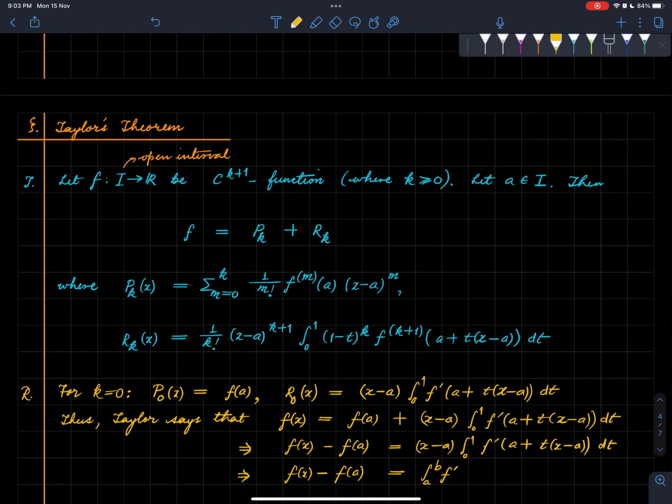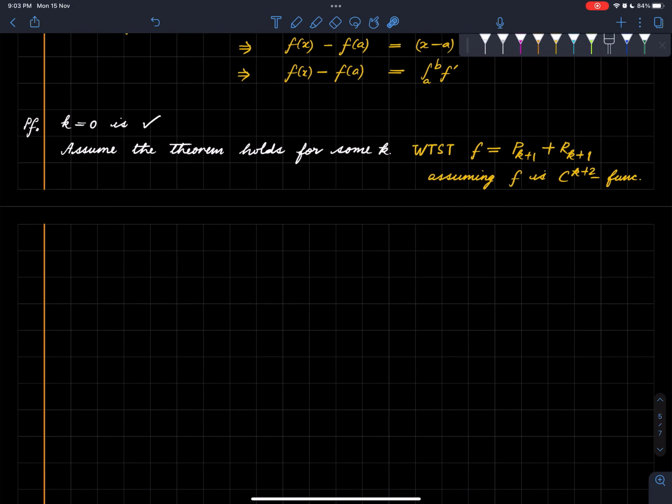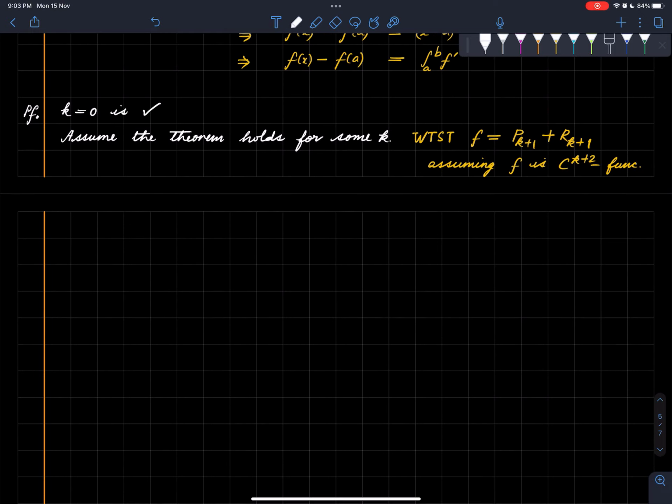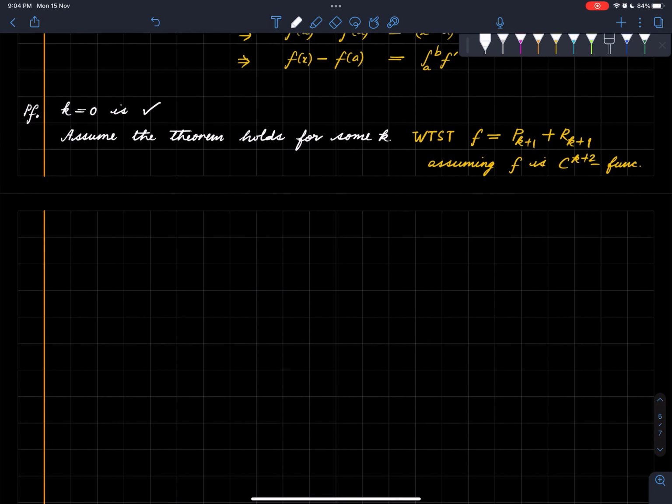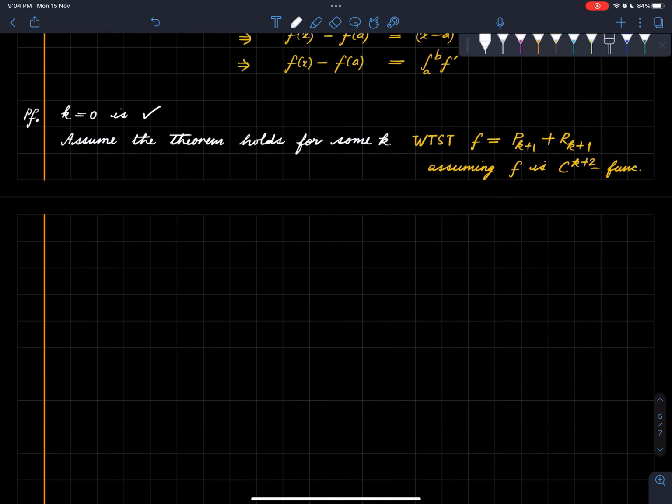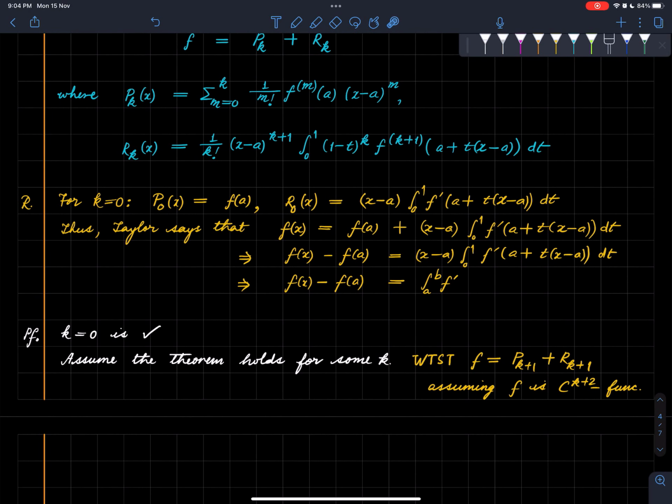Why C^{k+2}? Because for k, the statement is that for a C^{k+1} function, the decomposition holds. For k plus 1, the statement would be for a C^{k+2} function, p_{k+1}, r_{k+1} is the decomposition of f. So this is what we want to show, assuming f is C^{k+2}. Well, we will show that r_k can be dealt with using integration by parts, and the main thing to deal with is the integrand.